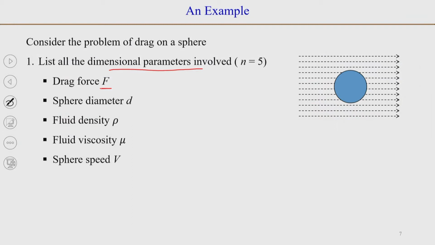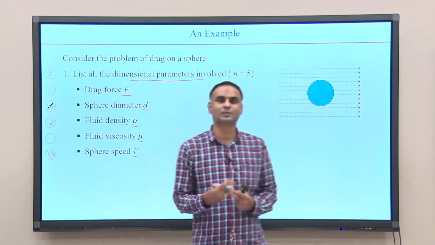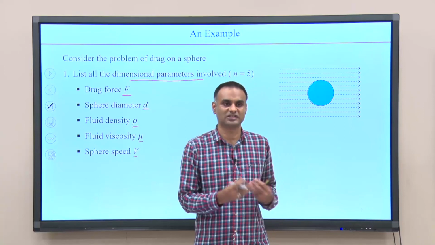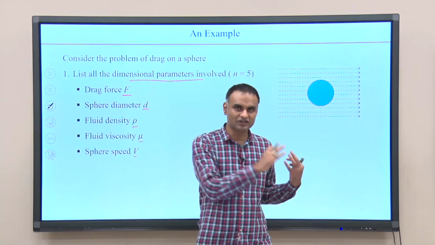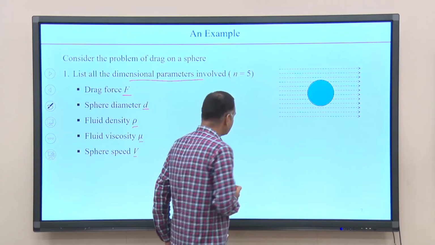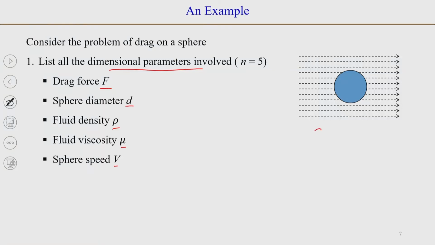Now, this depends on the diameter of the sphere, fluid density, viscosity and sphere speed. It may also depend, if the sphere is not smooth, on a roughness parameter of the sphere surface, but for this problem we will consider the sphere to be smooth.